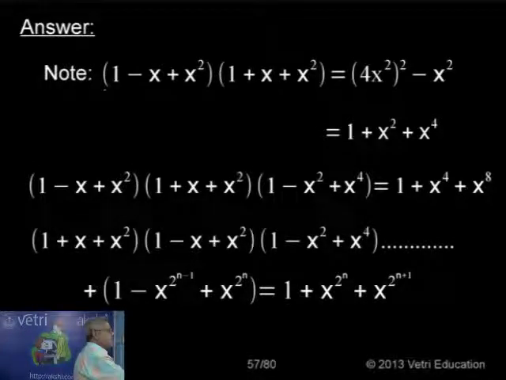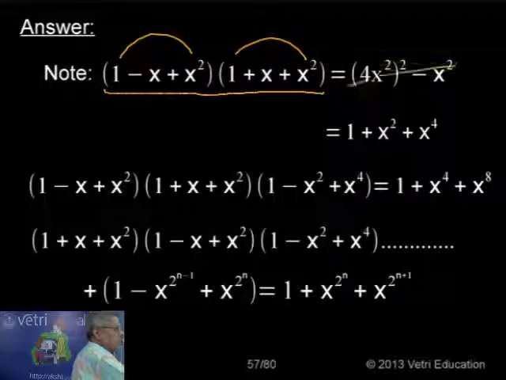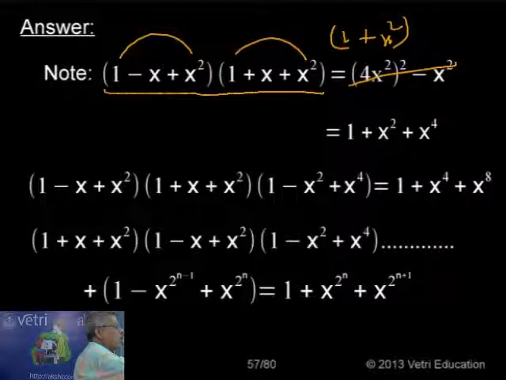I am considering the product 1 minus x plus x square, 1 plus x plus x square. 1 plus x square, 1 plus x square, plus x minus x. Therefore, this is nothing but 1 plus x square whole square minus x square.